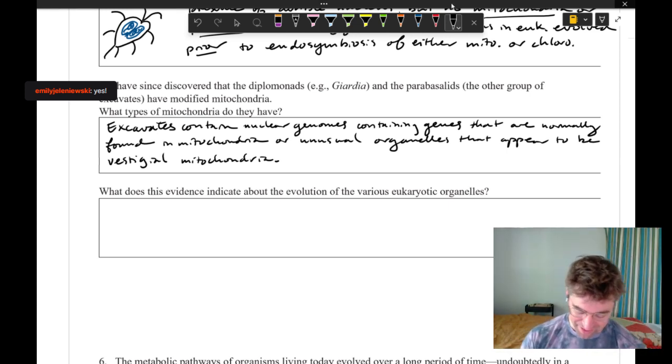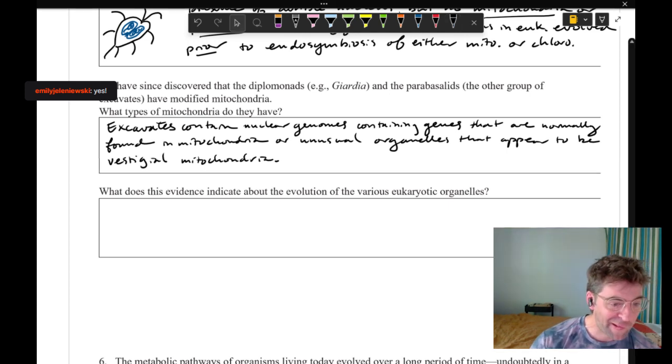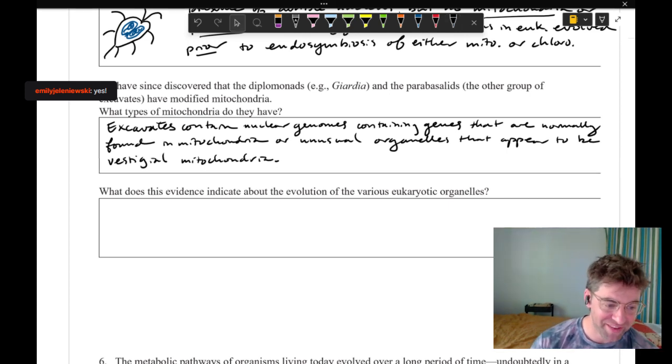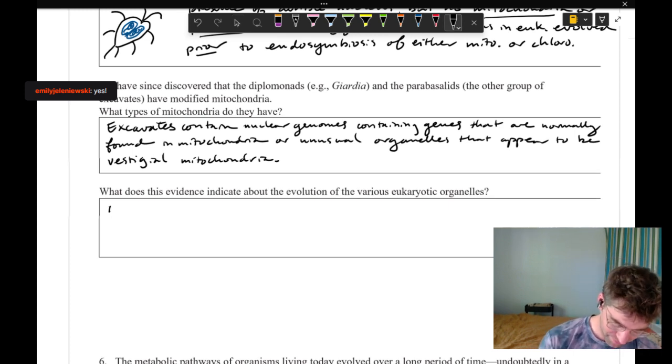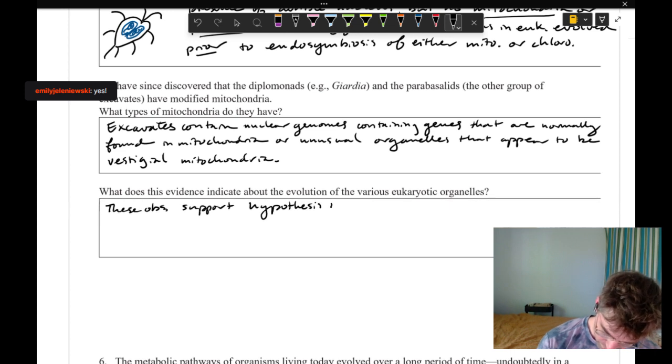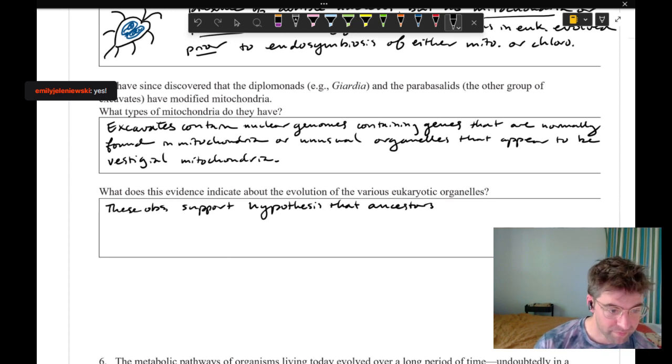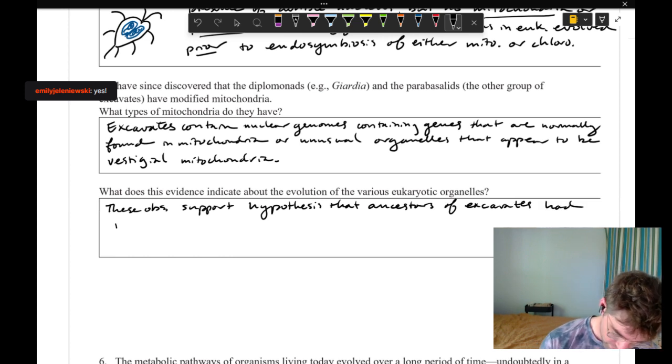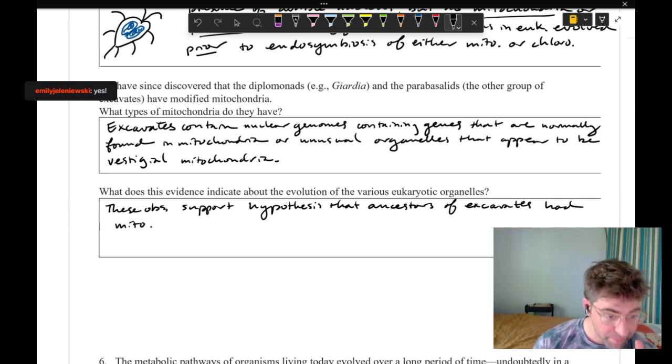What does this evidence indicate about the evolution of the various eukaryotic organelles? These observations support the hypothesis that the ancestors of excavates had mitochondria.